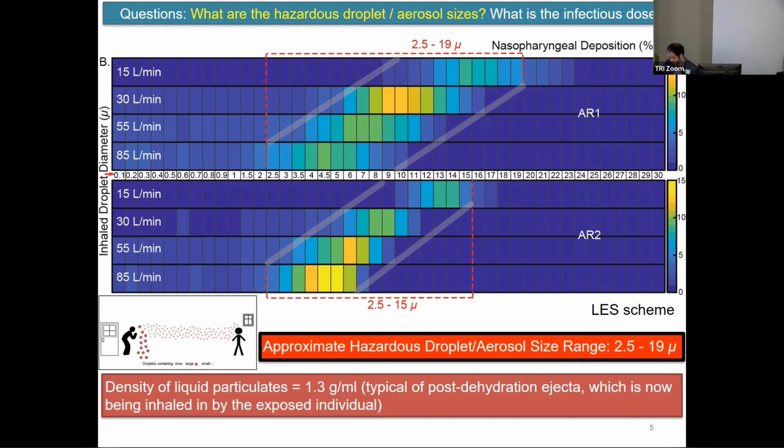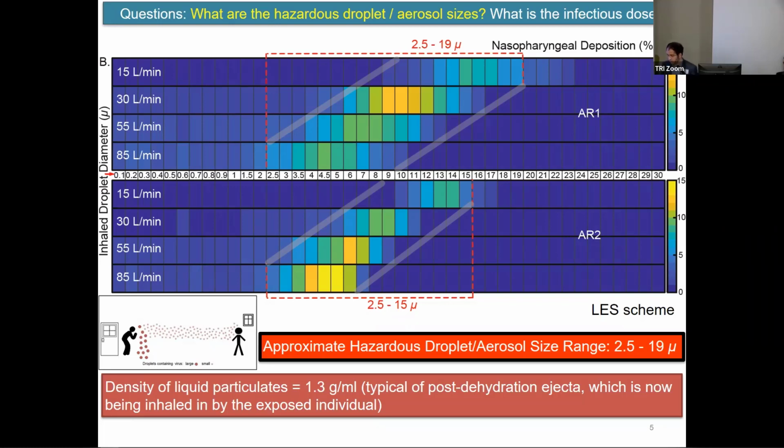Now, within this size range, we saw in this color map that nasopharyngeal delivery is what we are trying to track, and we see this bright hotspot, and we try to track the particle sizes for which we see that. Typically, that size range is, I have the exact numbers here, but let's assume that it is 2 to 20 microns.